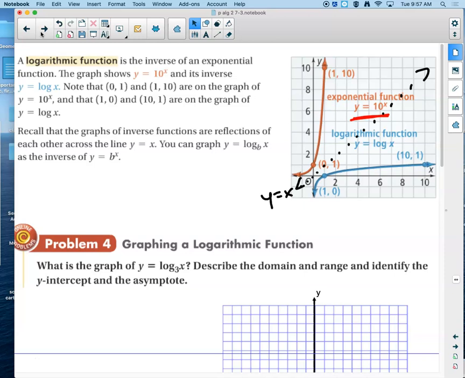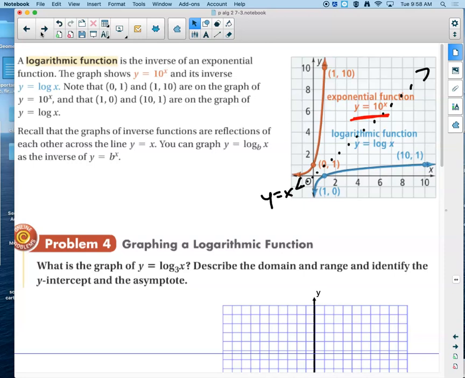A logarithmic function is our inverse to exponential growth. So logarithmic function, inverse of the exponential function. The graph shows y equals 10 to the x, and of course its inverse, y equals logarithm of x.